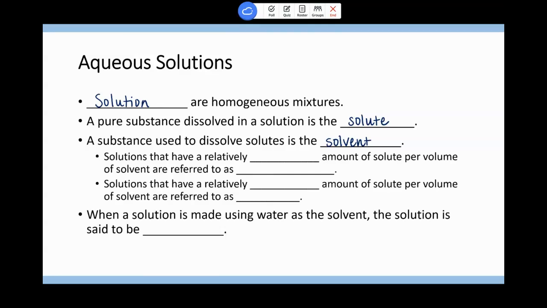When we have a solution, we can measure and discuss the concentration of solutions. Solutions that have a relatively large amount of the solute, the thing dissolved in the solvent, per volume of solvent, these are referred to as concentrated solutions.